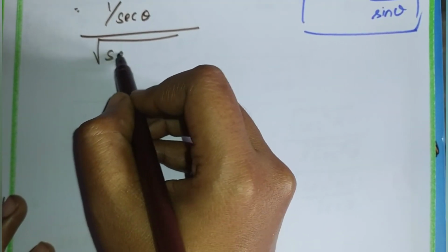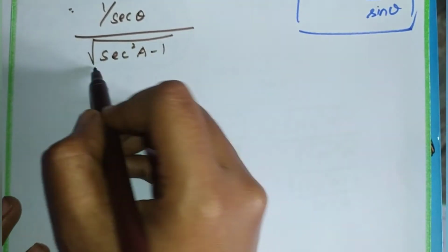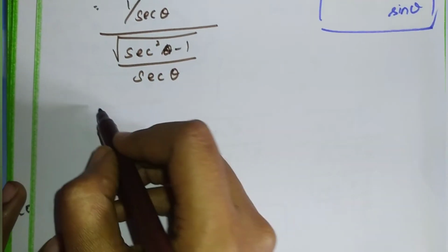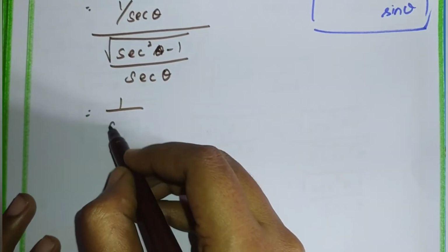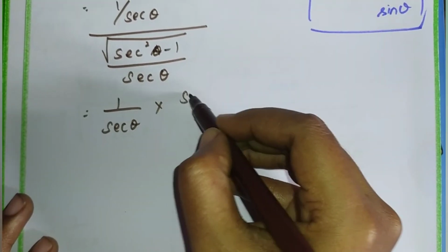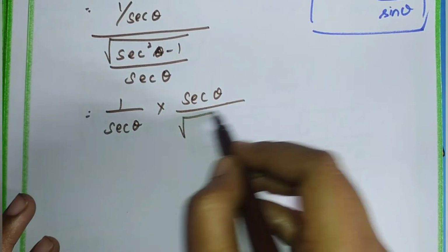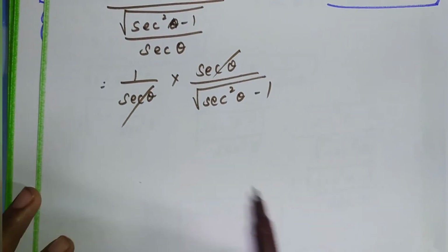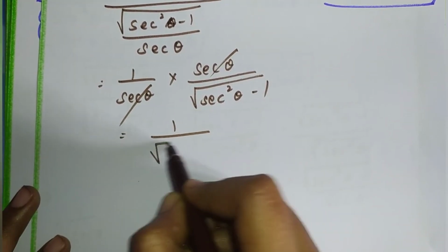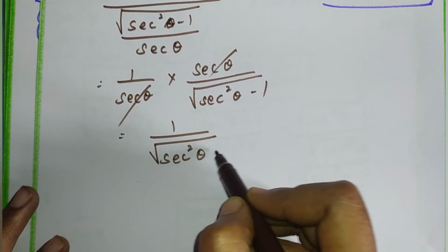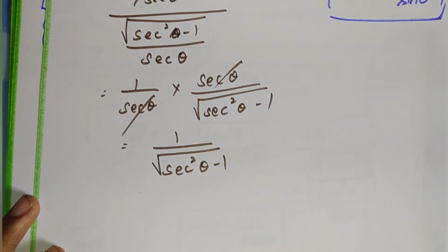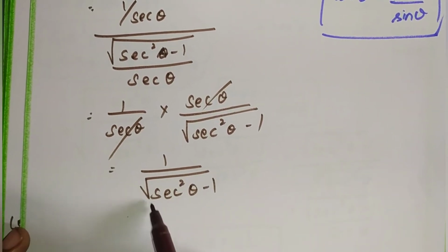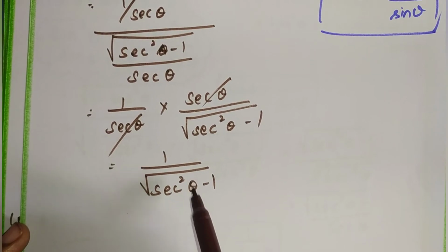And the reciprocal of this one: 1 divided by secant theta into secant theta divided by root of secant square theta minus 1. We can cancel secant theta, so the remaining is root of secant square theta minus 1.